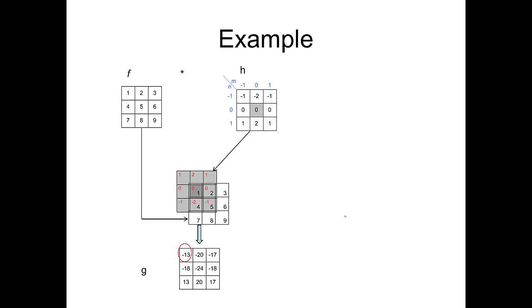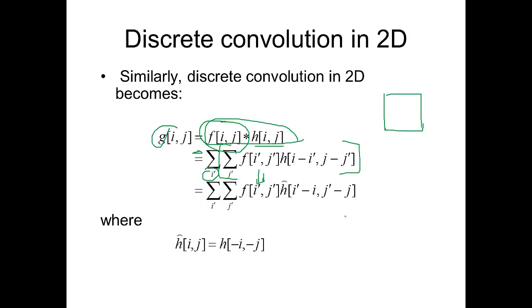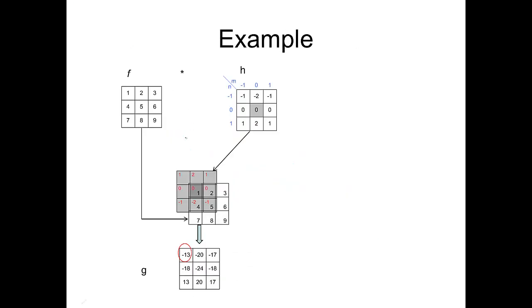So let's have an example. This assumes i and j are infinite, but for an image it's finite. Let's talk about the finite case. Let's assume image F is a 3 by 3 matrix. The same for H, also a 3 by 3 matrix.